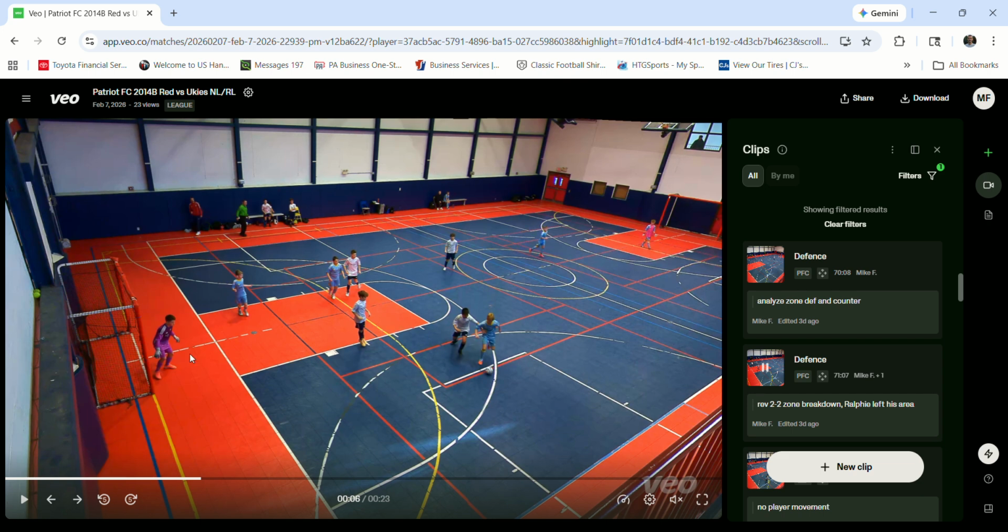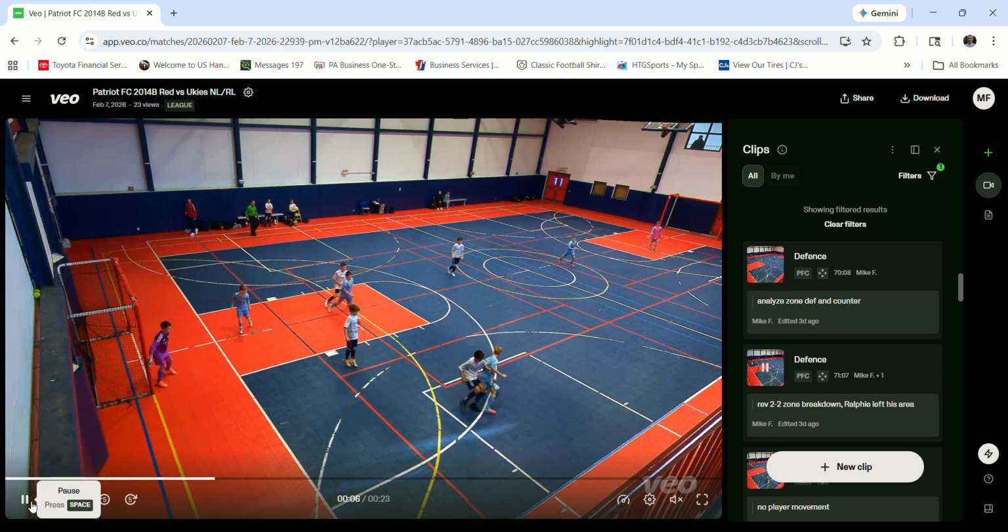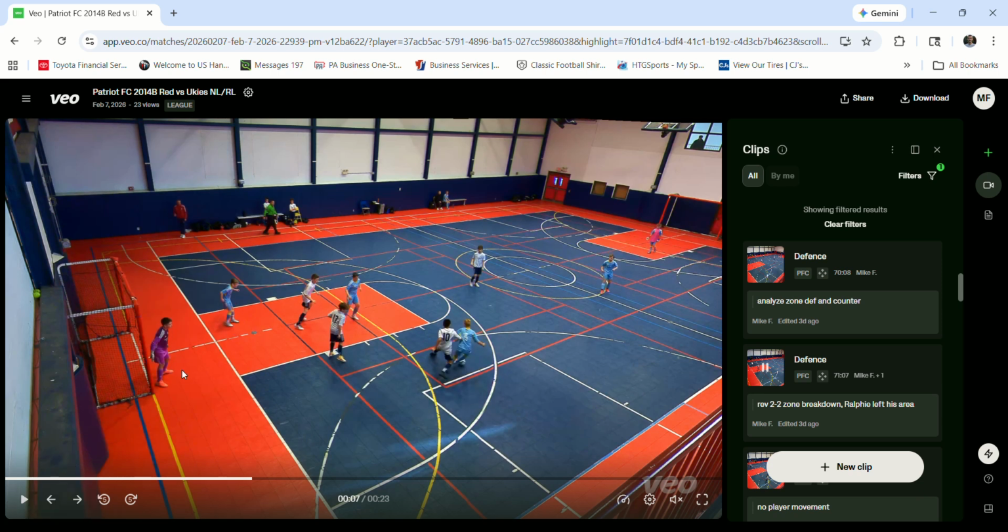So how does it work? Right here, we're going to see what went wrong. This player right here, remember, the highest we want to go is out here, but Ralphie, out here, has got to tuck in because this player is not a threat.